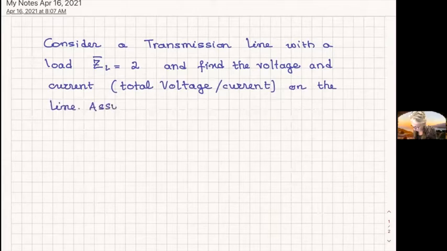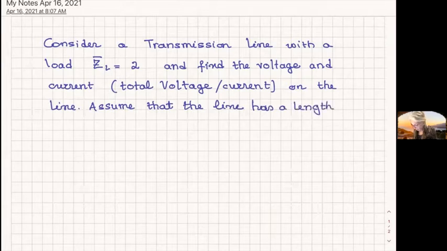Assume that the line has a length of D equals 0.75 lambda. Okay?